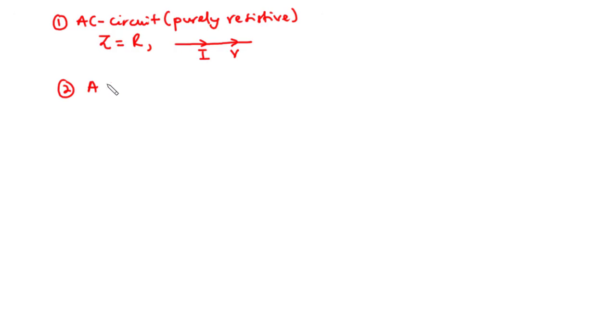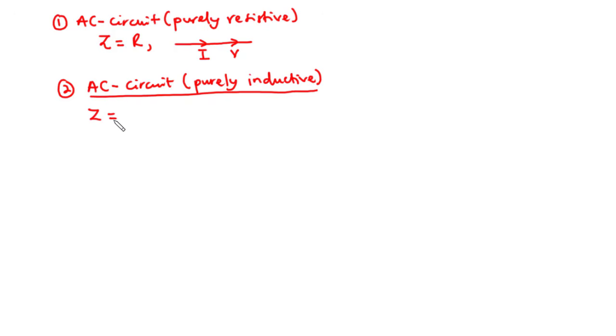2. Now in an AC circuit where the circuit is purely inductive, the impedance of the circuit is given by Z equals JXL, that is equal to J omega L. Now in such a circuit, the current is said to lag the voltage by 90 degrees.